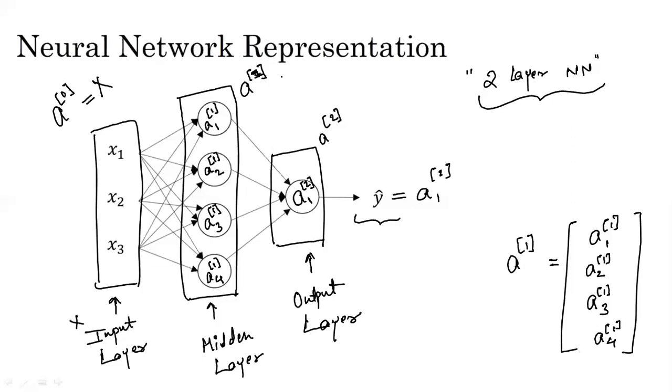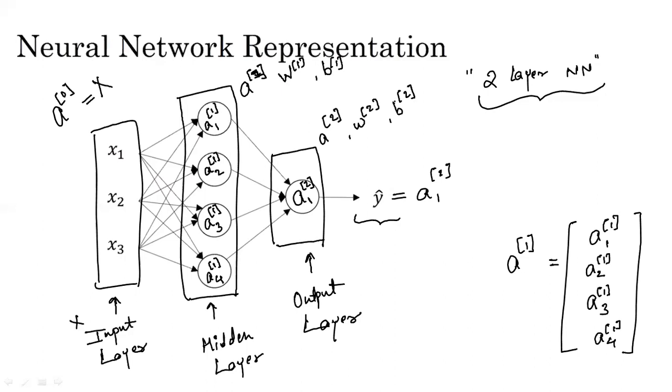For the first hidden layer we have the parameters W1 and B1. And for the output layer, that is layer 2, the parameters would be W2 and B2.